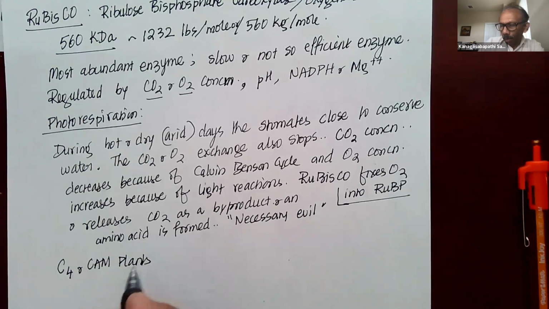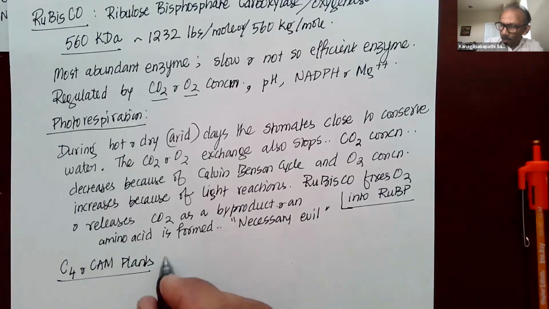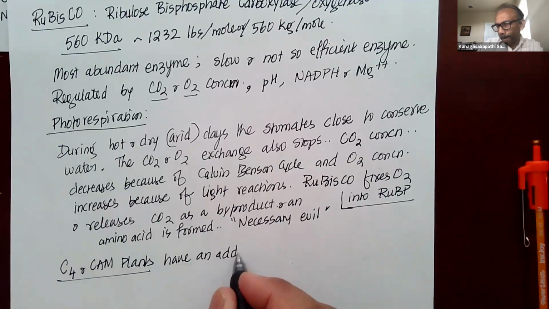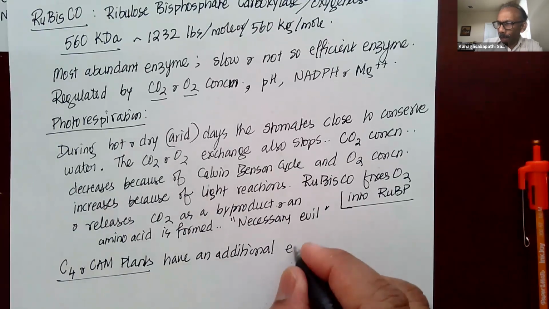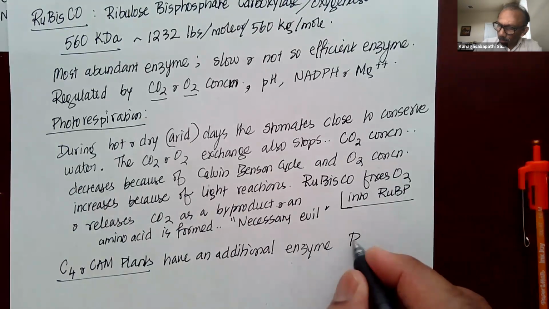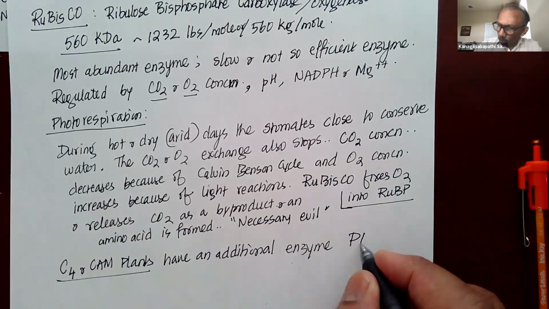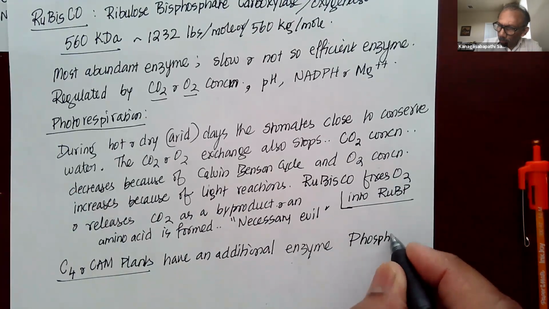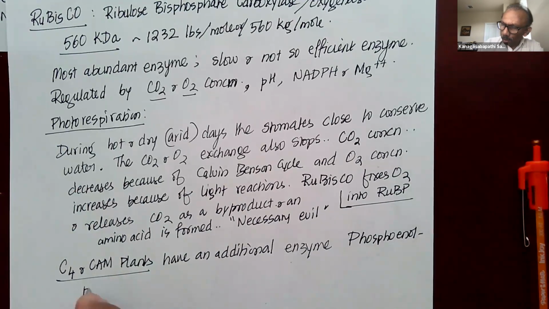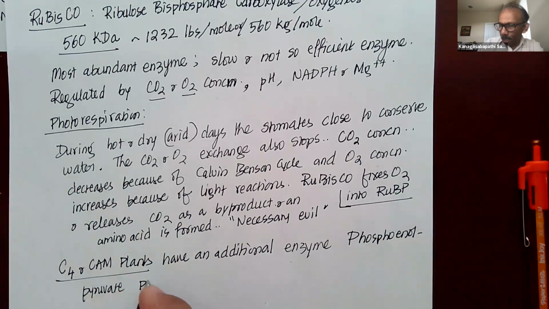Okay. So they have an additional enzyme. That enzyme is called phosphoenolpyruvate carboxylase, PEP carboxylase.